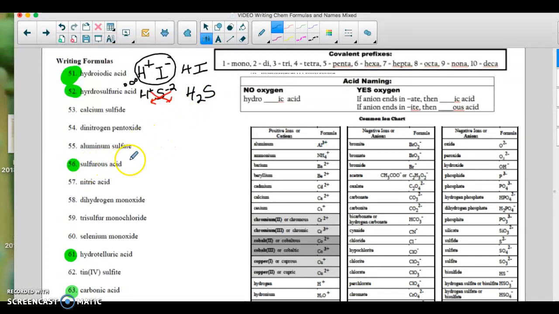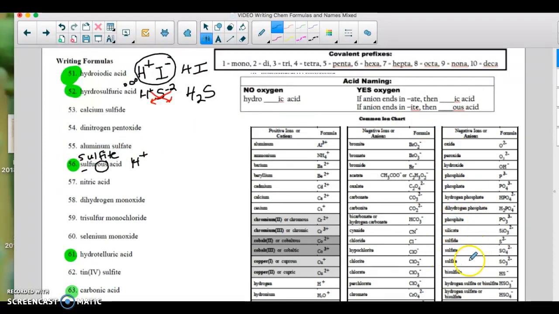Over here, again, I know I'm going to start with hydrogen. This one doesn't have hydro. It ends in ous, so I got to go over here and think, okay, well, ous came from ite. So sulfite, that's what we're going to go look for on our pink poly table.